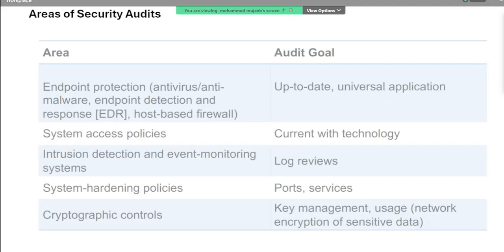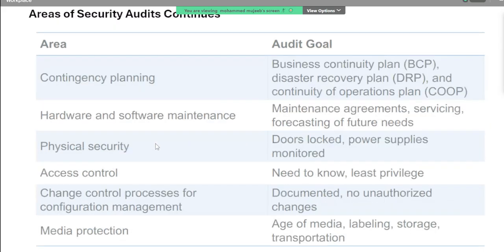So areas of security audits, you can look into this. I'm just giving a sample here: cryptographic system hardening policies, intrusion detection systems, system access policies. They will look at all these areas, and contingency planning, hardware software maintenance, physical security, access controls, media protection.